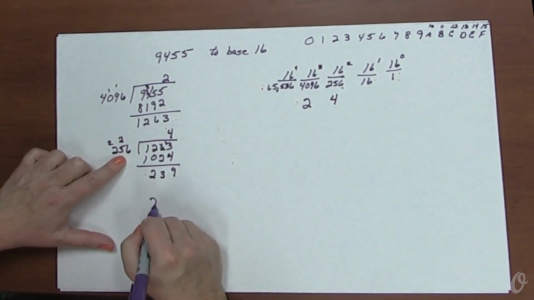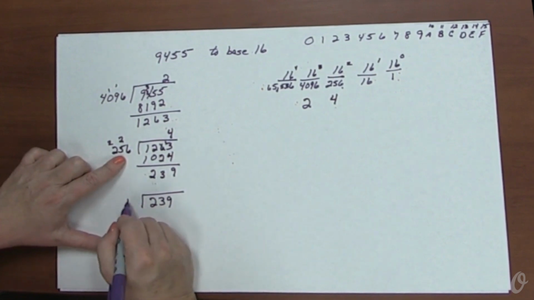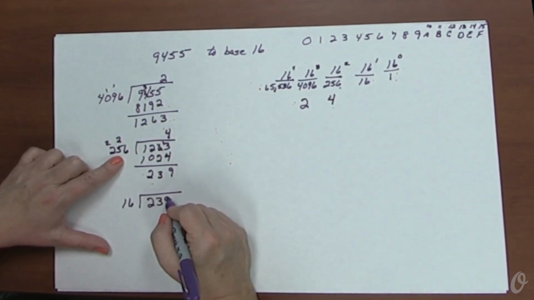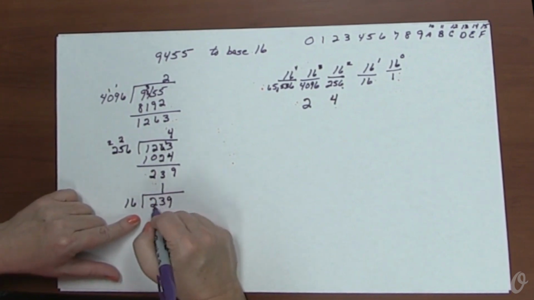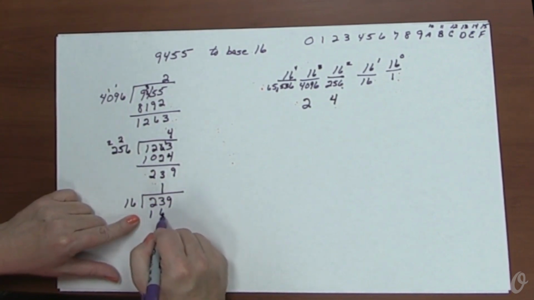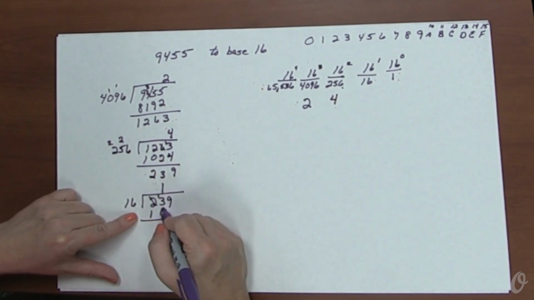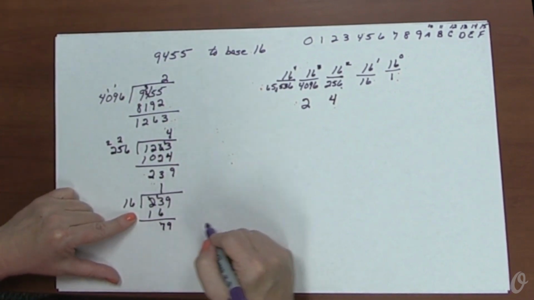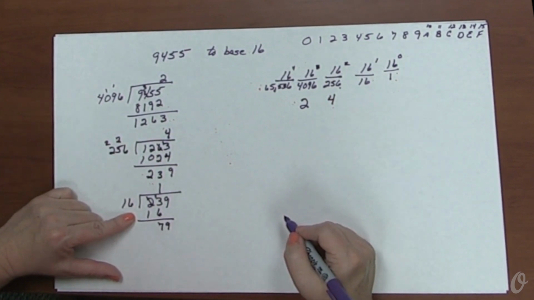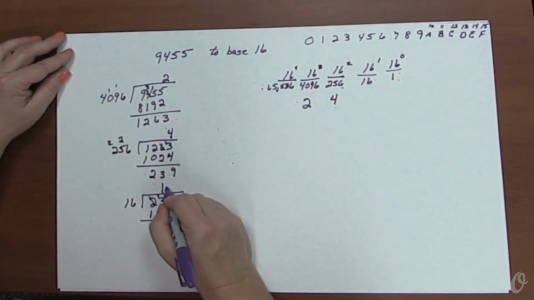I'm going to take 239, and I'm going to divide by 16. In groups of 16, I'm going to have 1 group of 16 here. So when I subtract, 13 minus 6 is 7. I'm going to bring down my 9. And 16 is going to go into 79 4 times.